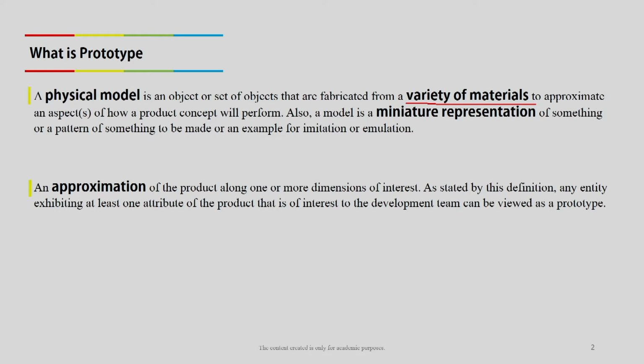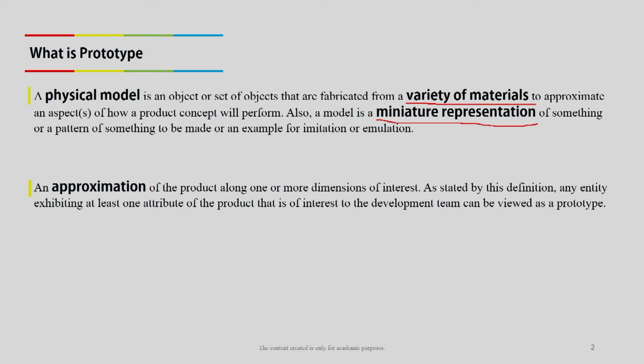Also, a model is a miniature representation. It can be a scaled down model of something or a pattern of something to be made or an example for imitation or emulation. And a prototype is an approximation of the product along one or more dimensions of interest.